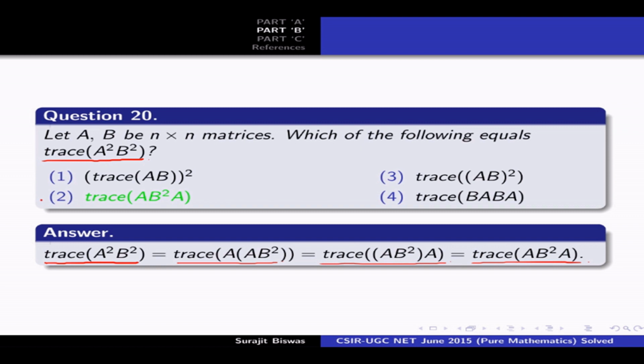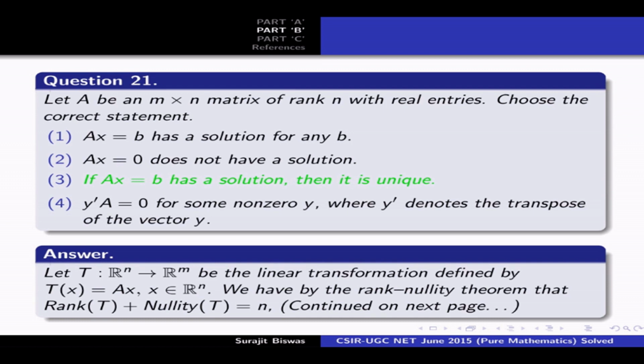Question 21. Let A be an m by n matrix of rank n with real entries. Choose the correct statement. First one is Ax equal to b has a solution for any b. Similarly, we have second, third and fourth options. To solve this question, we will apply the rank nullity theorem.